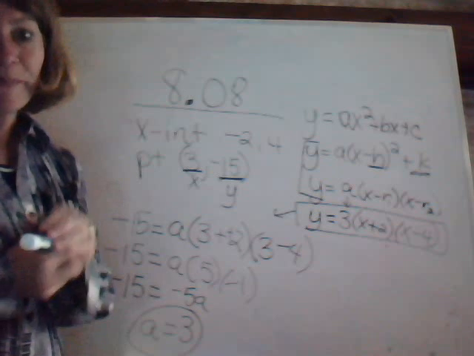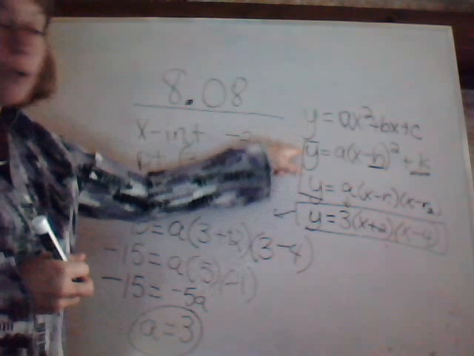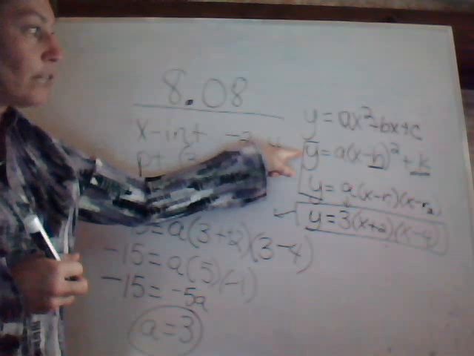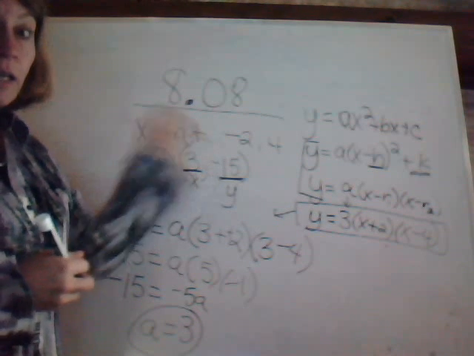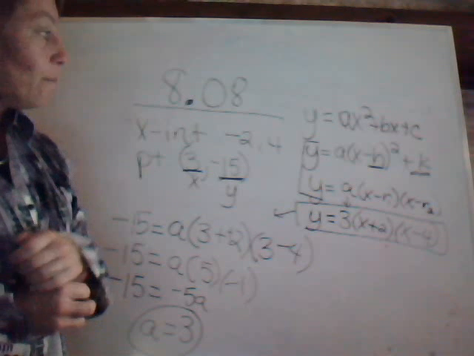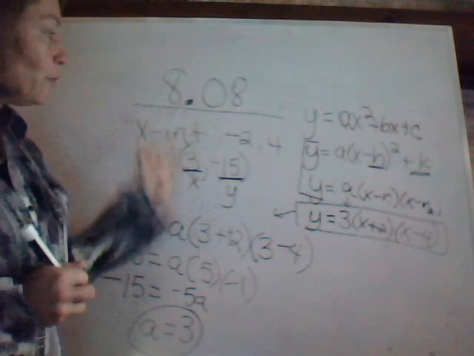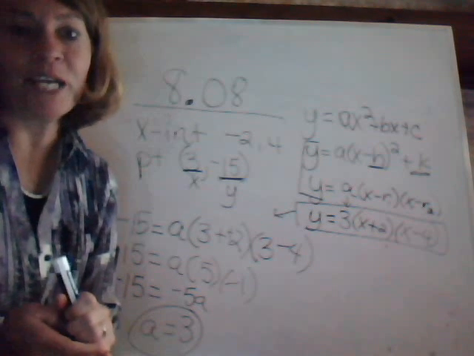And there's part 1. I'm going to do a second video for you that's going to focus on the vertex form: given a vertex and a point, how do you find the equation? It's the same kind of process. But here's part 1, where I did the two roots with a point first, and I'll do the second one in just a second. So good luck.